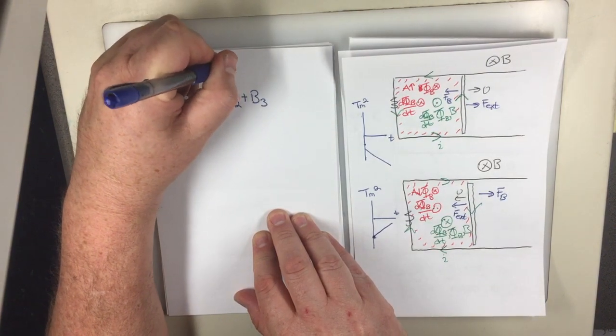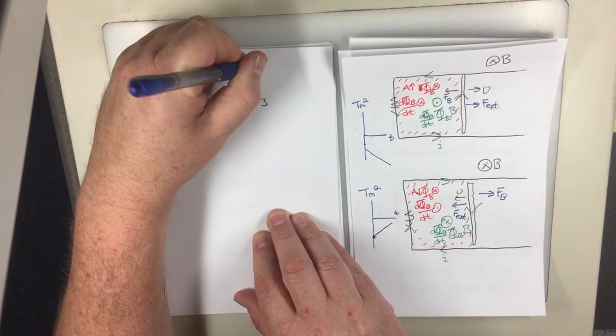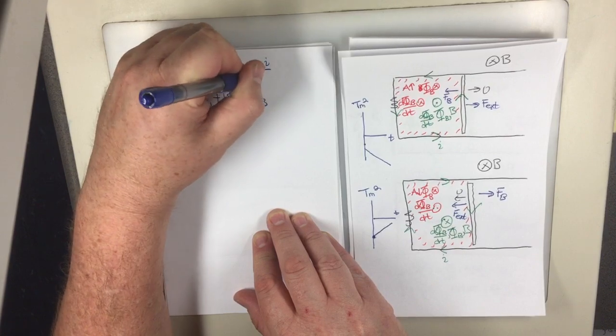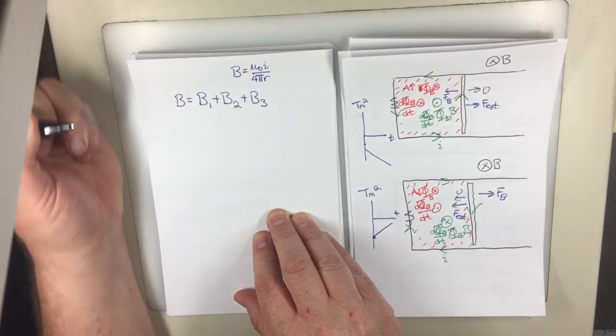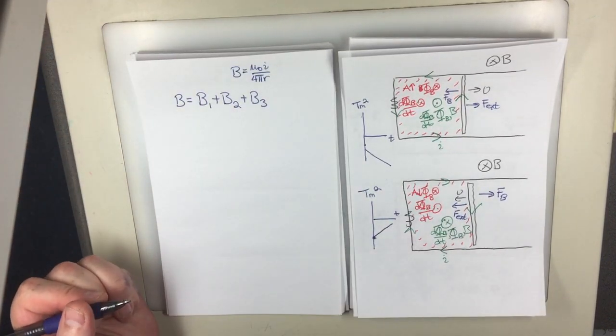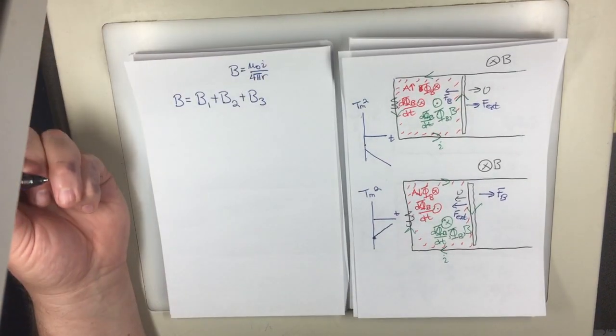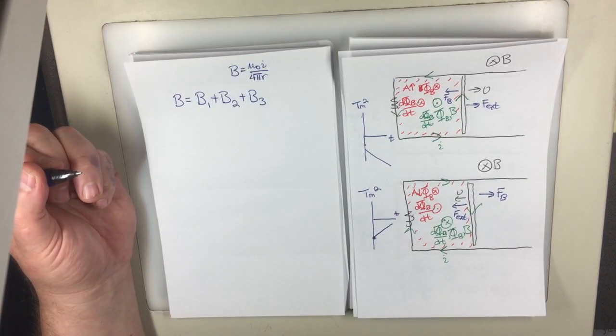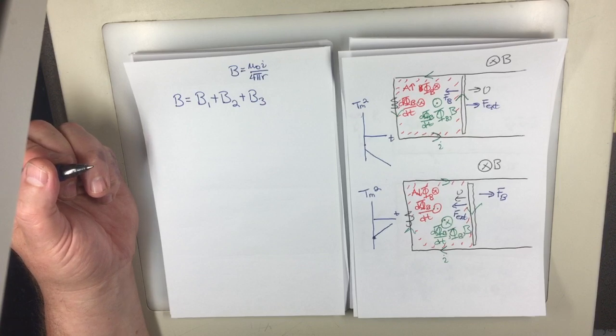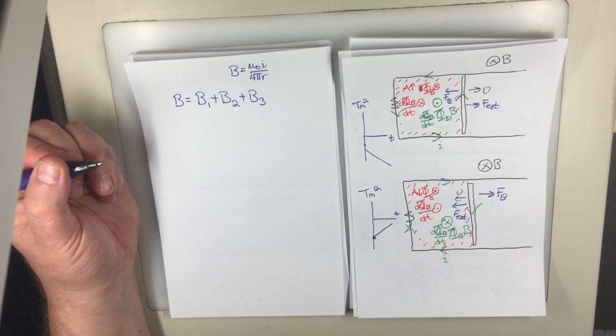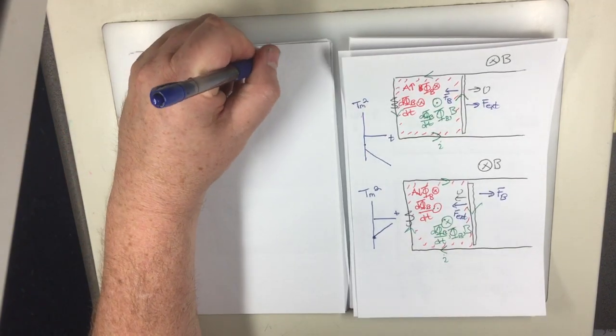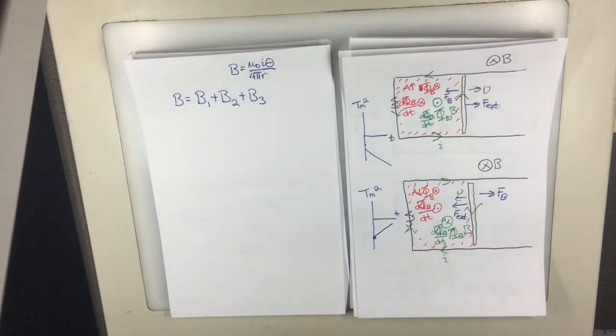For an arc, it's mu naught I over 4 pi r. Oh, mu naught I, and what's the missing? Theta, correct. We only have, effectively, singular arcs.